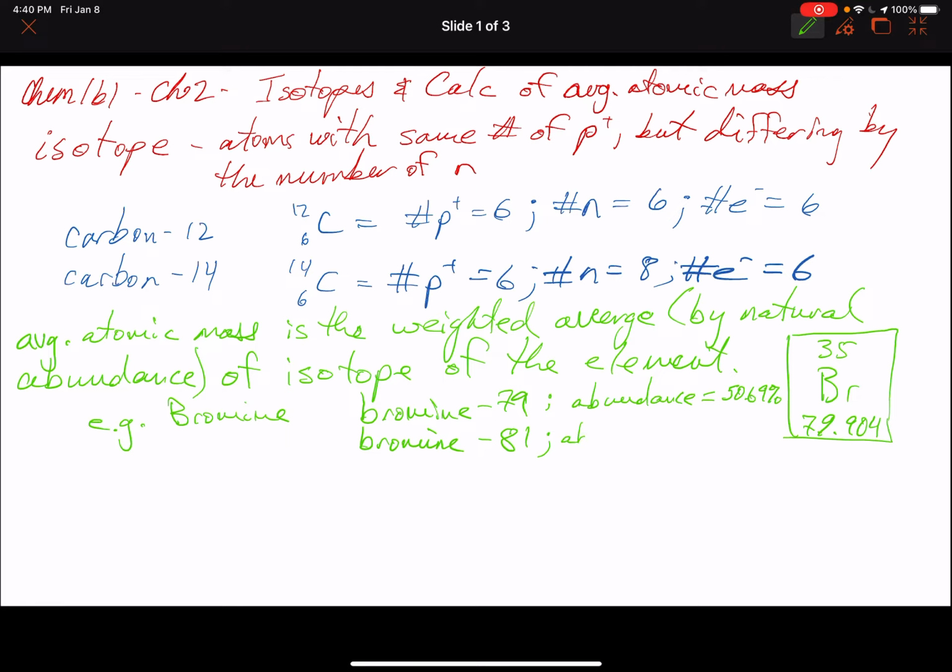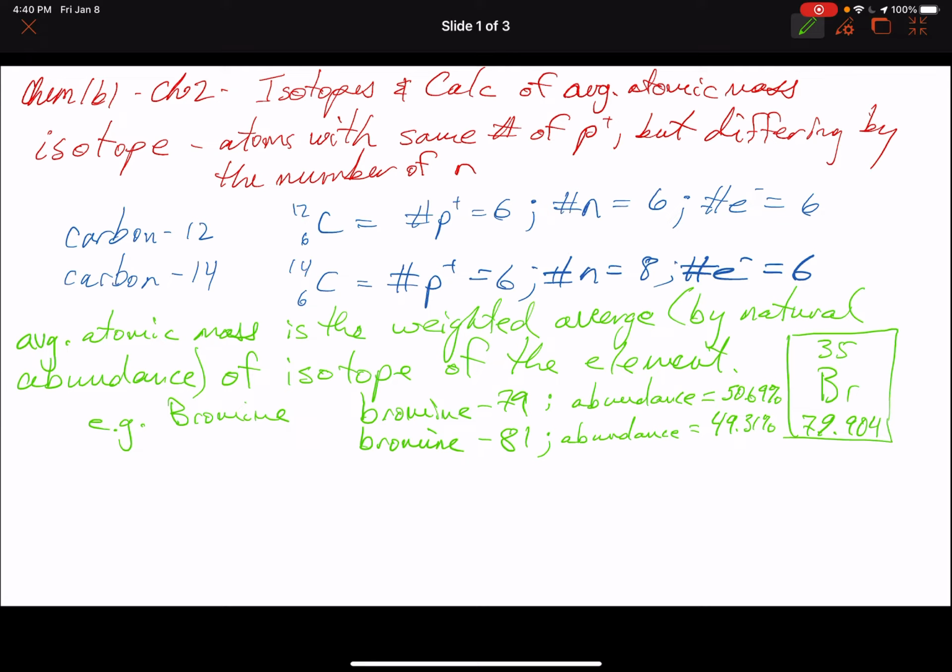The abundance for the other isotope is the makeup from 100 to that 50.69%, so that would be a value of 49.31%.